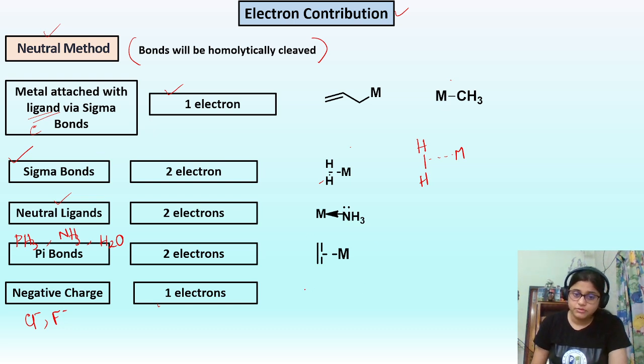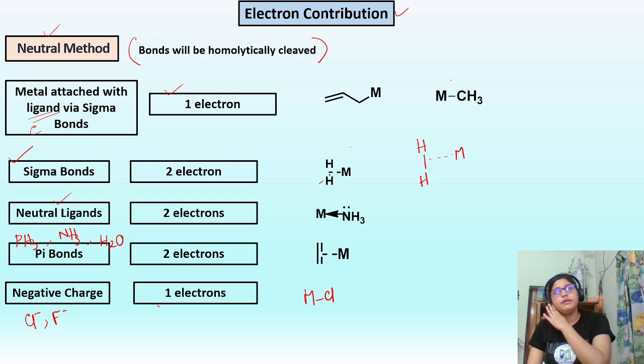Okay, MCL -1. Just for recapitulation: in the neutral method, if you see any sigma bond between a metal and anything, mainly carbon, that will be homolytically cleaved, so the contribution will be 1 electron. But if there is something like H-H, a sigma bond donating to the metal, at that time 2 electrons, as a sigma bond has 2 electrons.